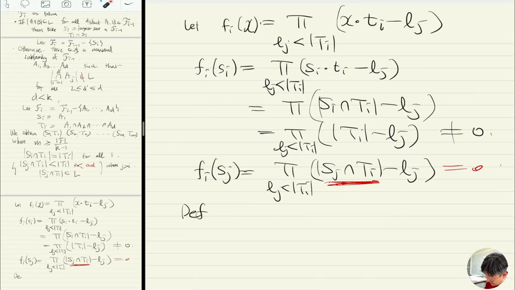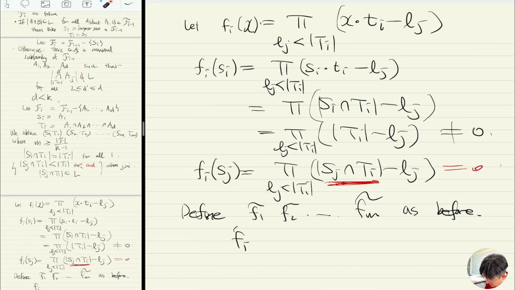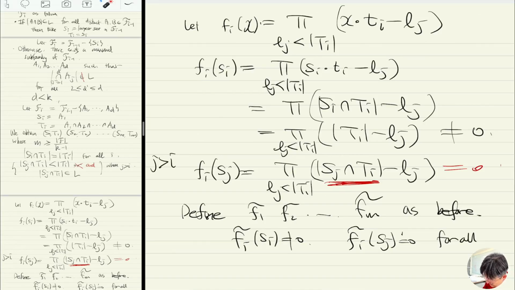Now we define f_1 tilde, f_2 tilde, ..., f_m tilde as before, and then f_i tilde of S_i is non-zero, and f_i tilde of S_j is 0 for all j.